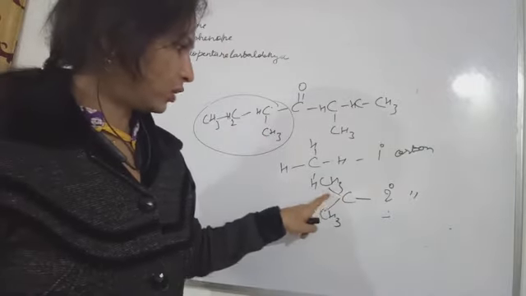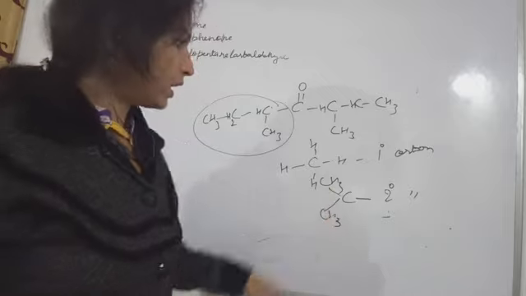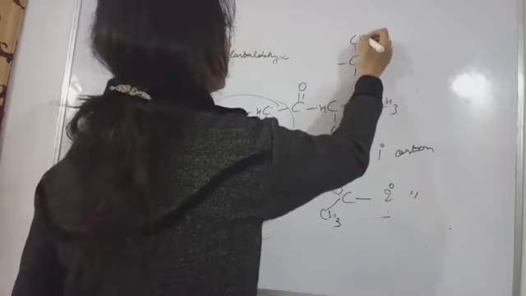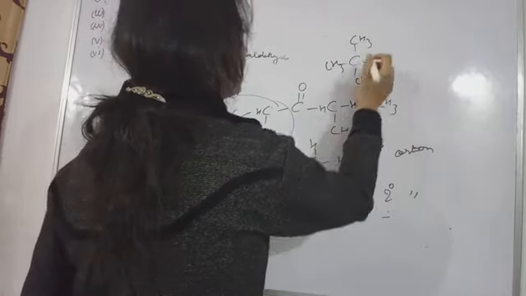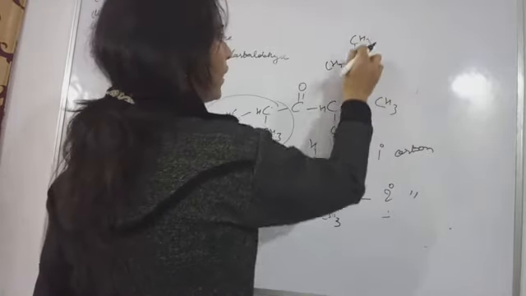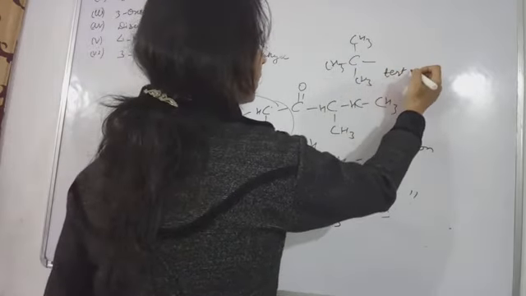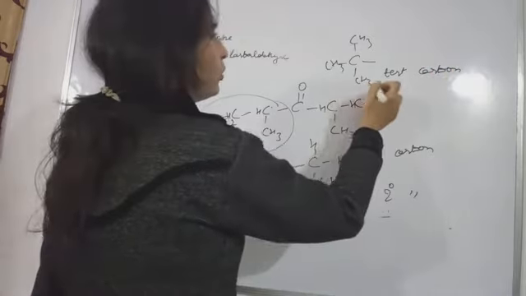Because this is associated with 2 alkyl groups, 2 more carbons. Okay, 3 degree carbon. Here also alkyl group, here also alkyl group, here also alkyl group. So this will be called 1, 2, 3, 4. So this is tertiary carbon, or you can say tertiary butyl.